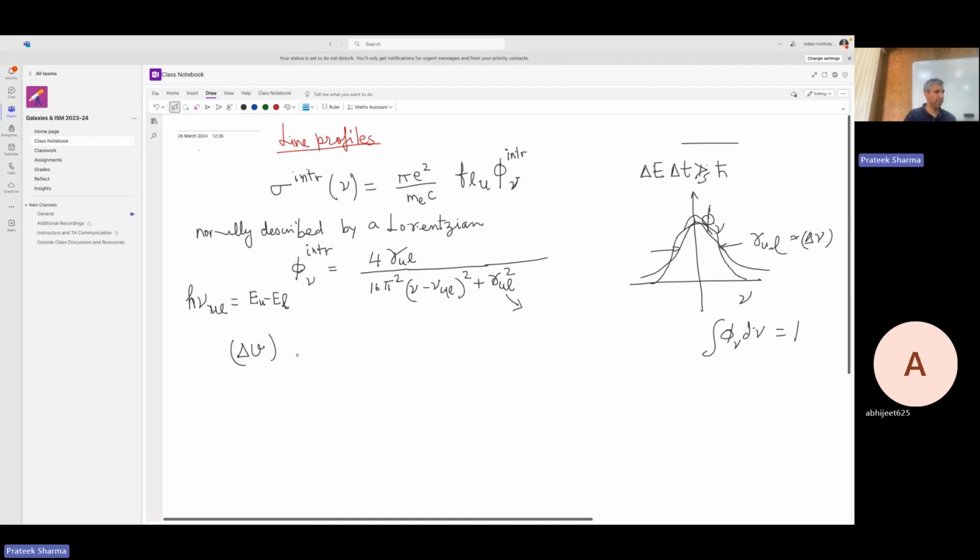The intrinsic width in velocity space, the FWHM, the full width at half maximum, is equal to c times the intrinsic delta nu FWHM divided by nu naught or nu UL. This is just delta nu by nu equals v by c. This is what you're using. That's the mapping between frequency space and velocity space.